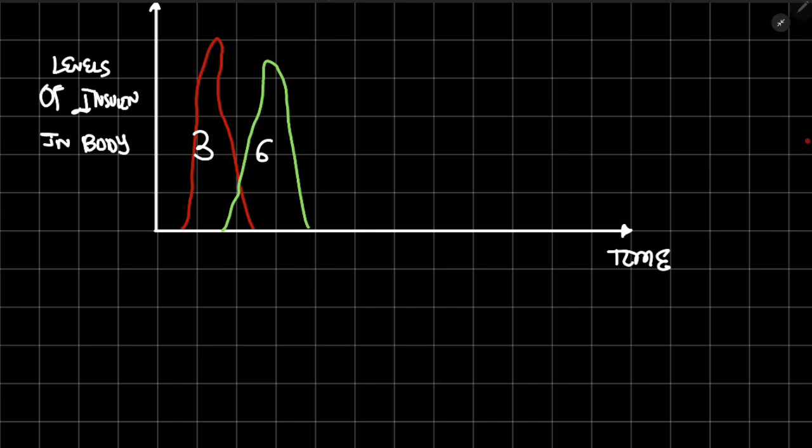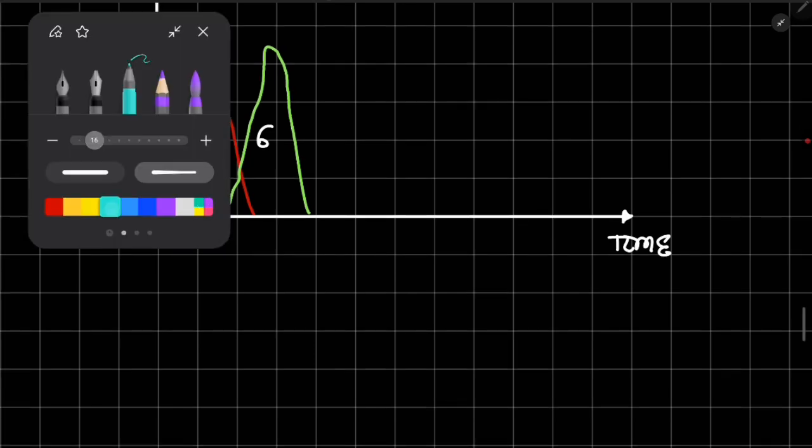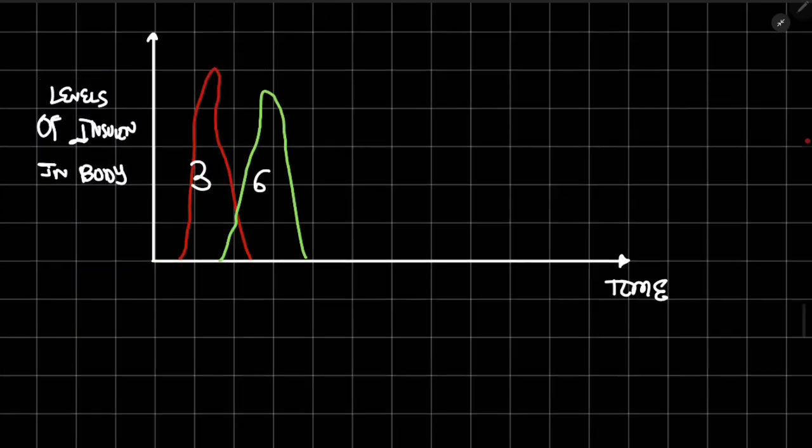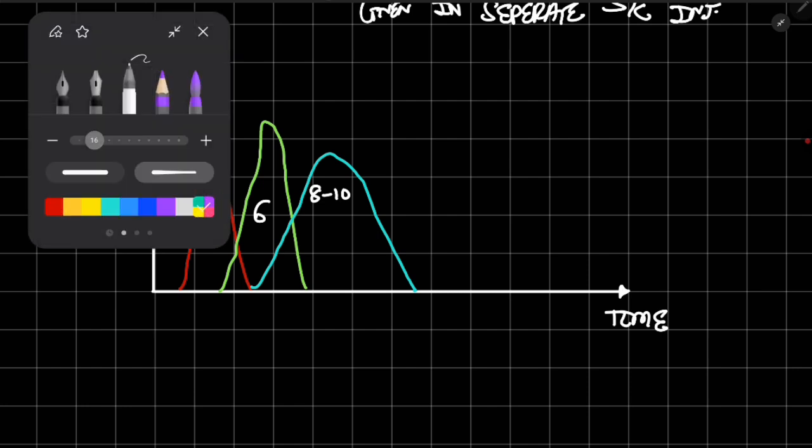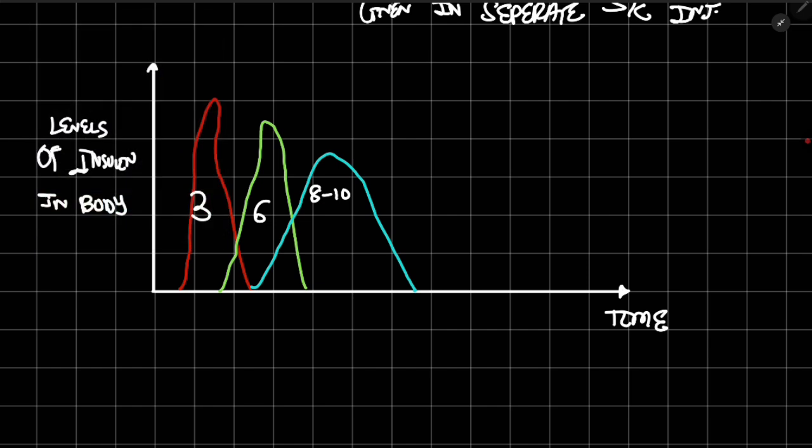Now we have intermediate acting. Intermediate acting will have a lesser peak comparatively. The peak will decrease. Okay, so this is for around 8 to 10 hours. Now we have the main insulins, the ultra long and long.